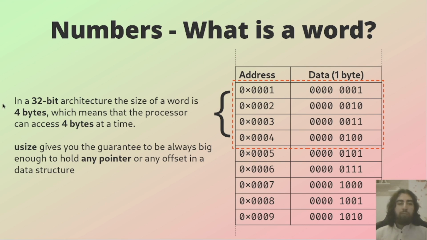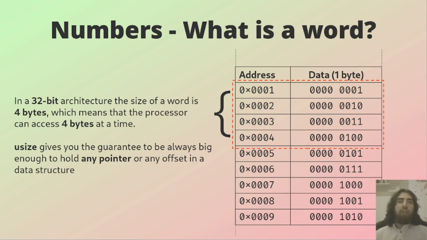In a 32-bit architecture, the size of a word is 4 bytes, 32 bits, which means that the processor can access 4 bytes at a time. So the processor will read this section as 1 word. It's basically a unit of data.